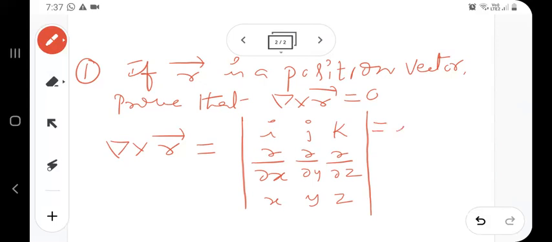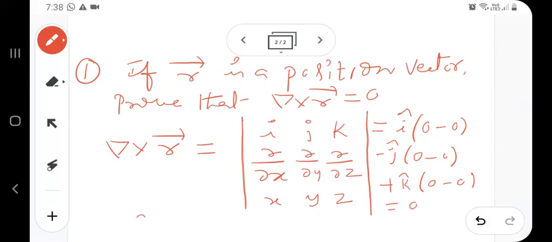That equals I cap into, neglecting the I column and row, dou by dou y of z, since partial differentiation is 0, minus dou by dou z of y is 0, minus j cap into, neglecting the jth column and row, dou by dou x of z is 0, minus dou by dou z of x is 0, plus k cap into, neglecting the kth column and row, dou by dou x of y is 0, minus dou by dou y of x is 0, equals 0.